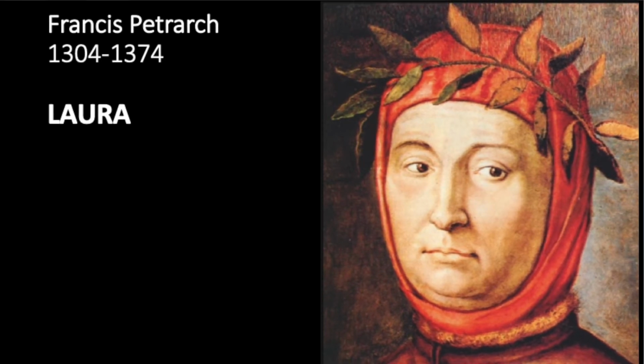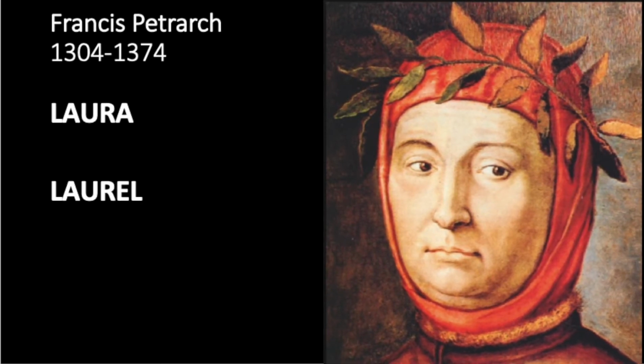But Laura sounds a lot like laurel, which is the leaf used to make the crown worn by great poets. Laurels have everything to do with poetic achievement, success. So Petrarch's sonnets concern not just Laura, but attaining the laurel crown. They are not just about a dynamic between a woman and the man who admires her, but the meta issue of the identity of the poet in the act of writing poetry.